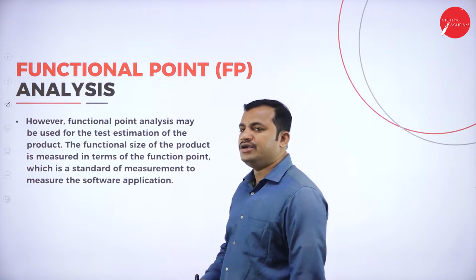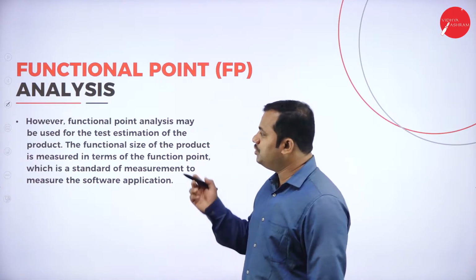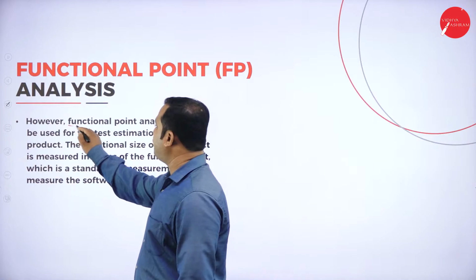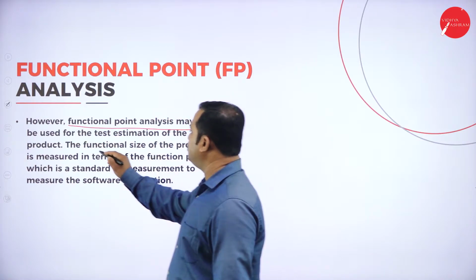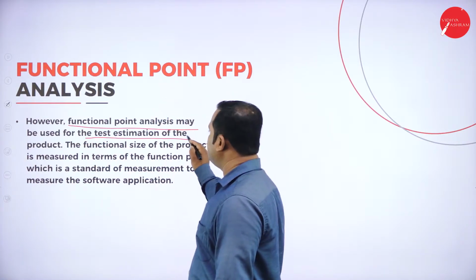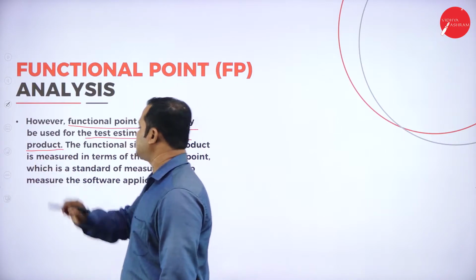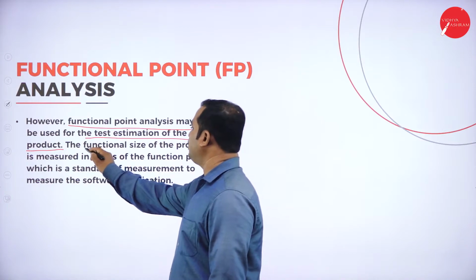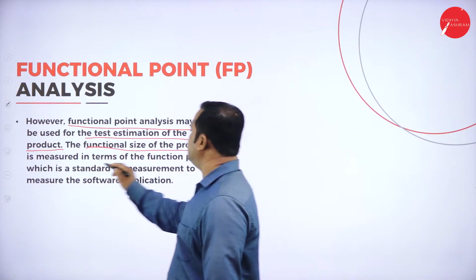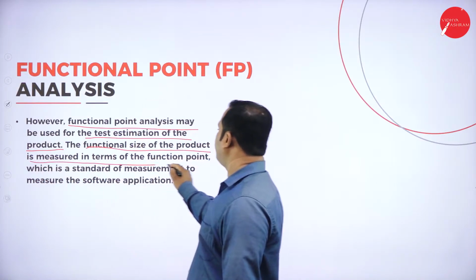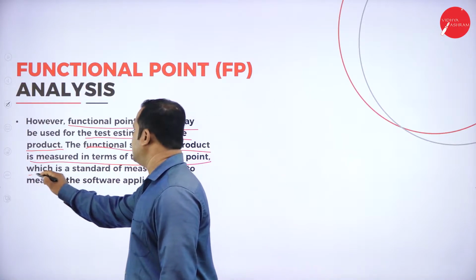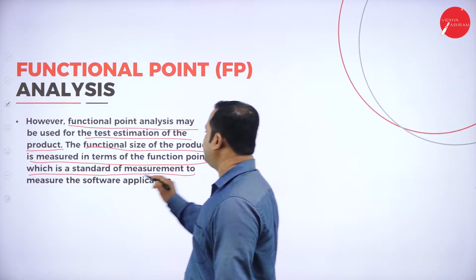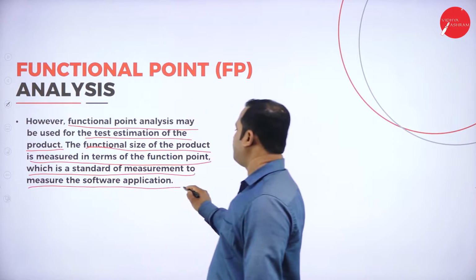Moving forward in the same direction, you will see that the function point analysis may be used for the test estimation of the product. The functional size of the product is measured in terms of the function point, which is a standard of measurement to measure the software application.